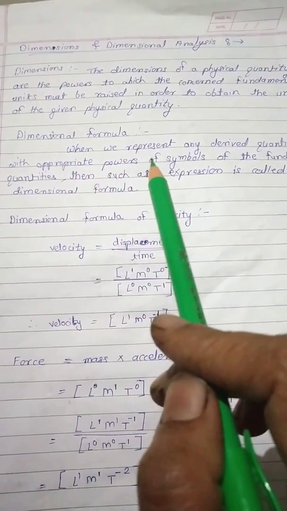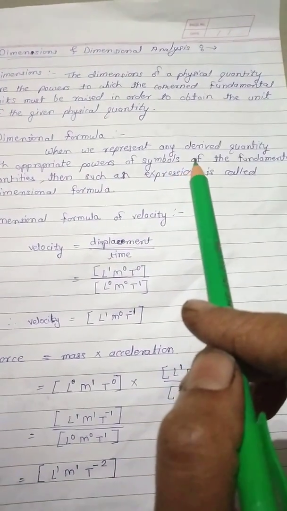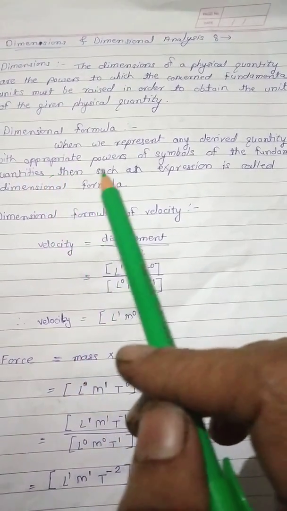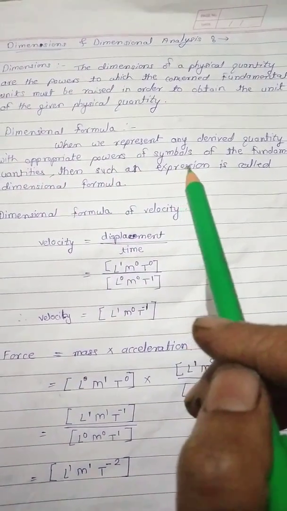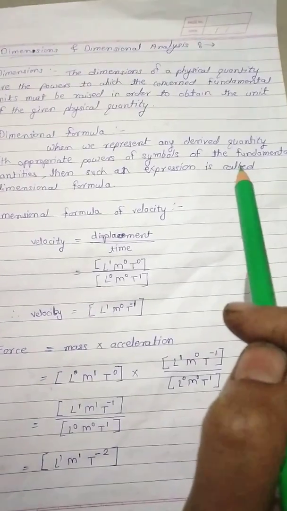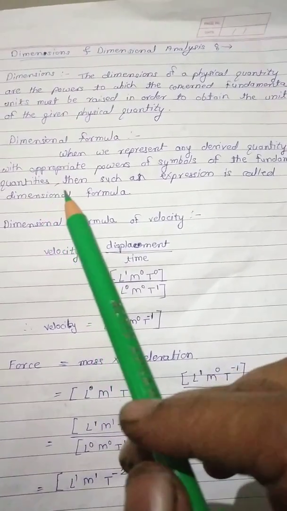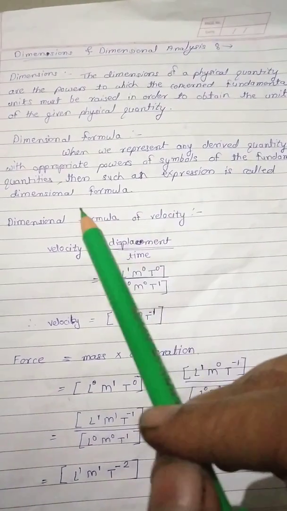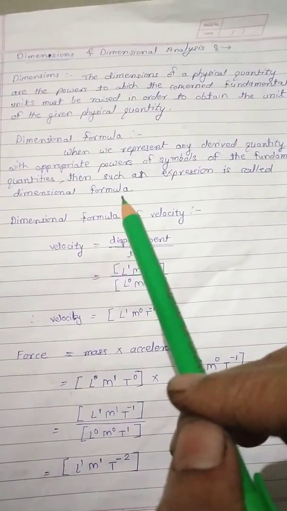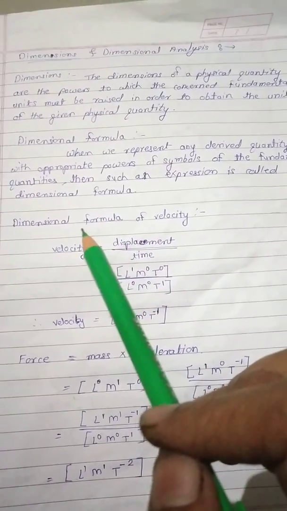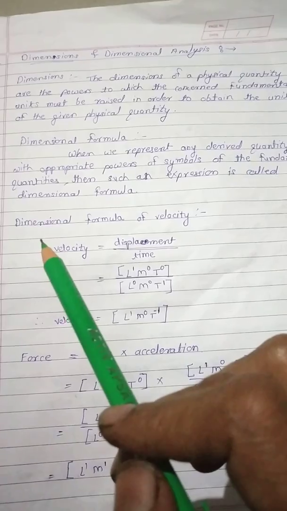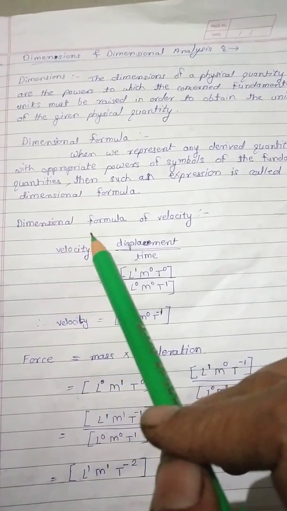When we represent any derived quantity with appropriate powers of the symbols of the fundamental quantities, then such an expression is called the dimensional formula. Here we see some examples of how to find the dimensional formula.